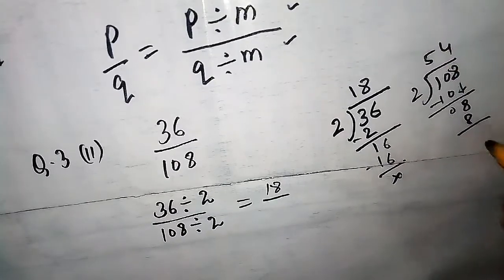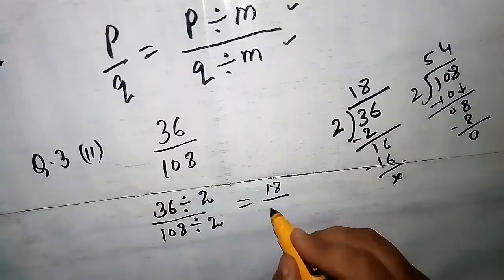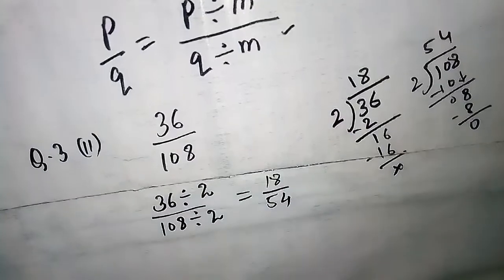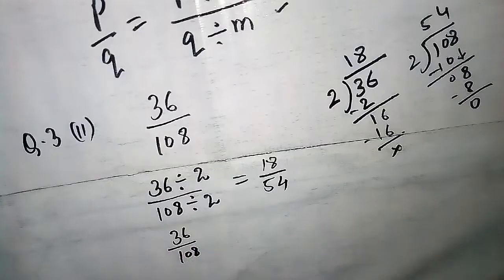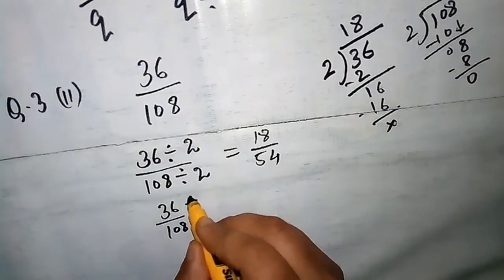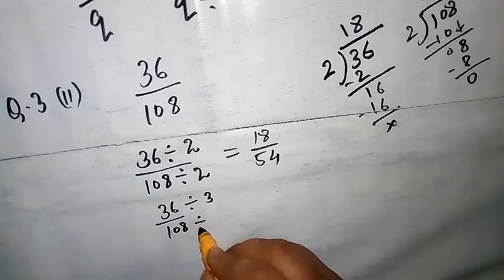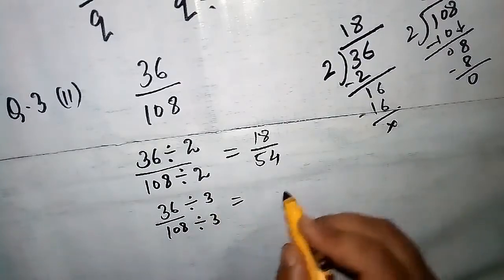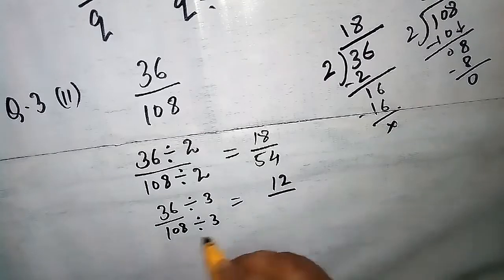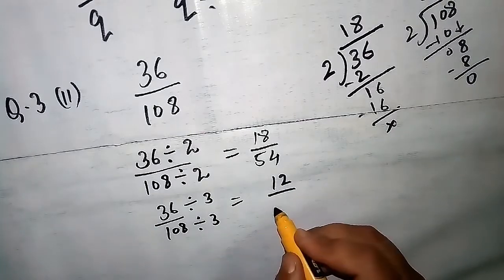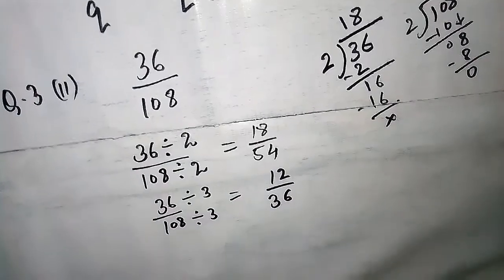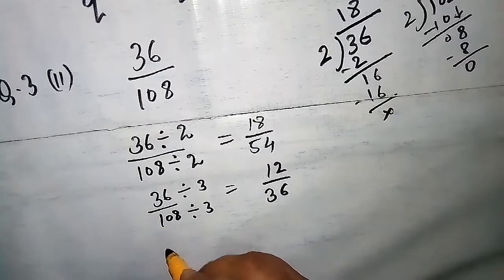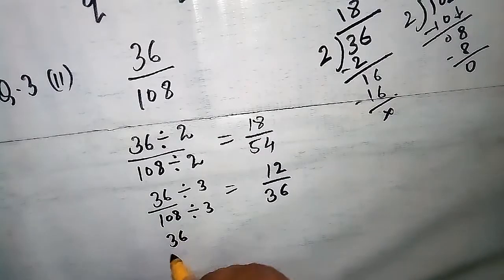So the denominator will be 54. So this is your first equivalent rational number. Then both are divisible by 3 also. So let us divide them by 3. You can divide by any number, but it must be a factor of that number. So 36 divided by 3 is 12, and 108 divided by 3 is 36. So your second equivalent rational number is 12/36.